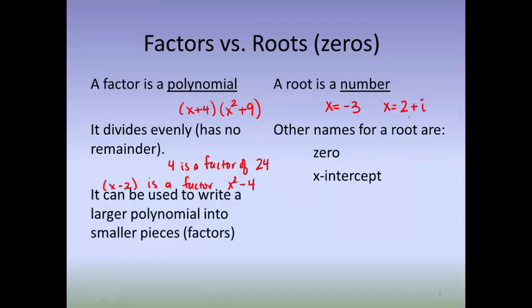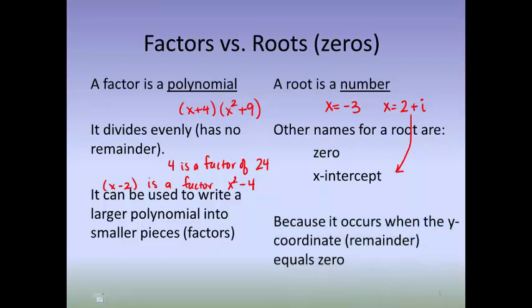Now we know that when I have an x equals an imaginary number or a complex number, it is not an intercept. It is still considered a root and it is still considered a zero. It's not an x-intercept because we can't graph it on the x-axis. All right. Why are they called roots or zeros or intercepts? Because they occur when the y-coordinate equals 0.